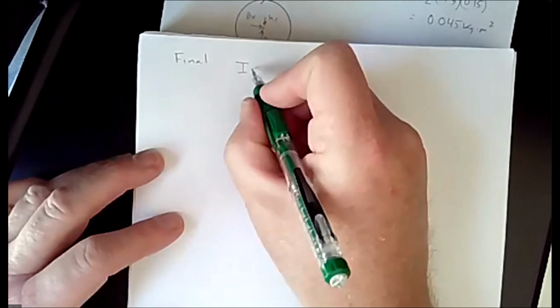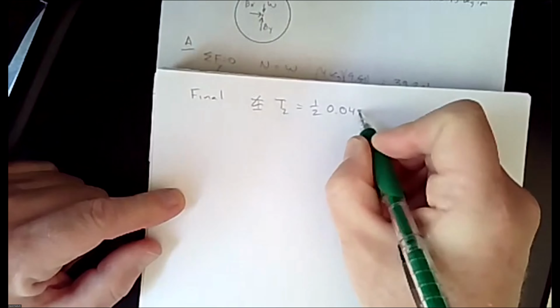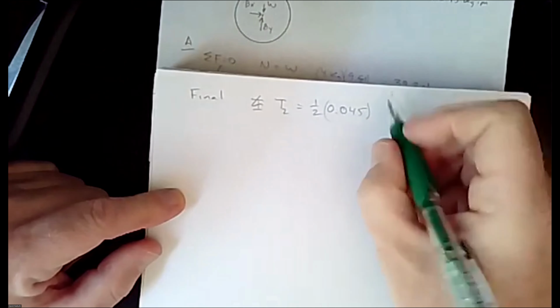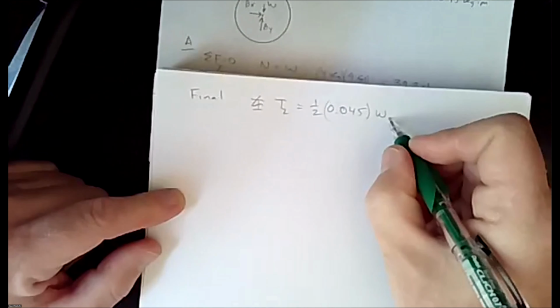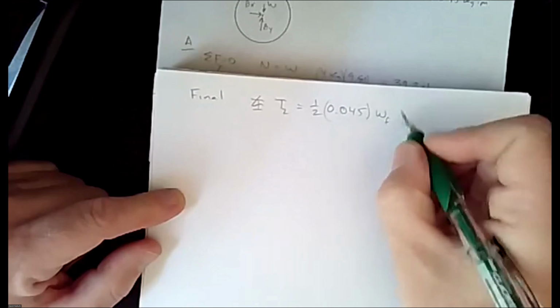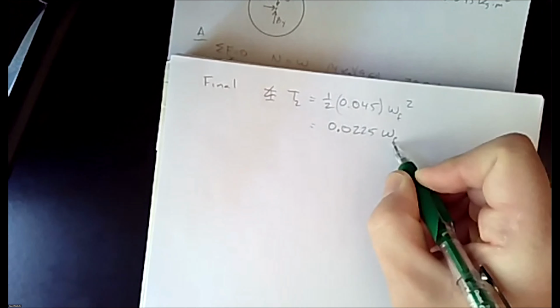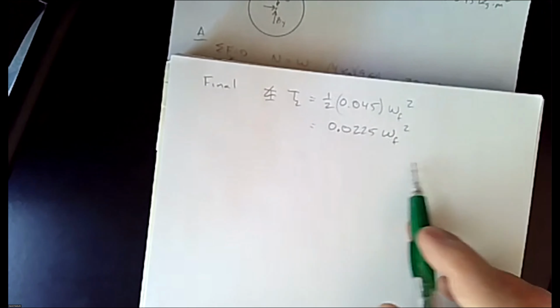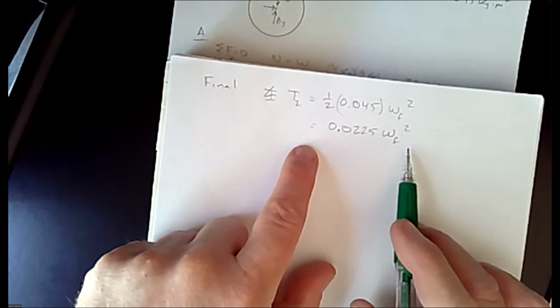So I can say it as T final, or T2 equals 1/2 times 0.045 times omega final squared. All right. And so that could also be written as just 0.0225 omega final squared. So that's the final energy for A.